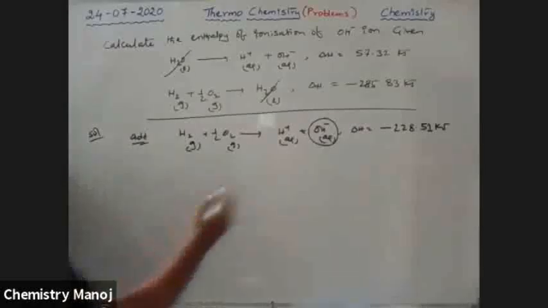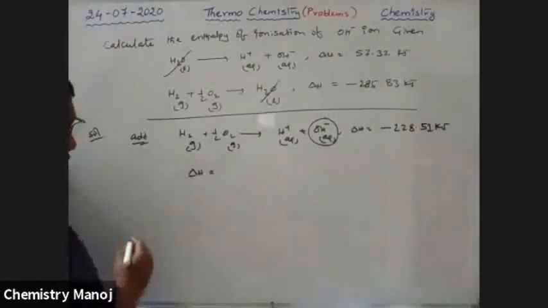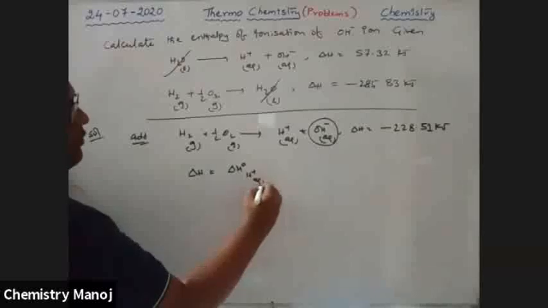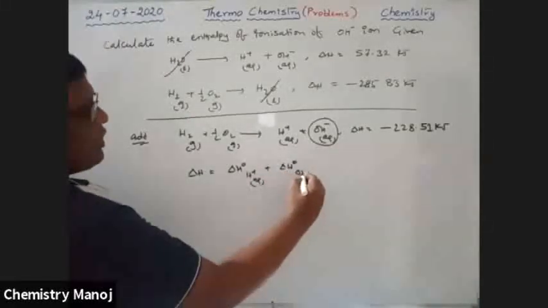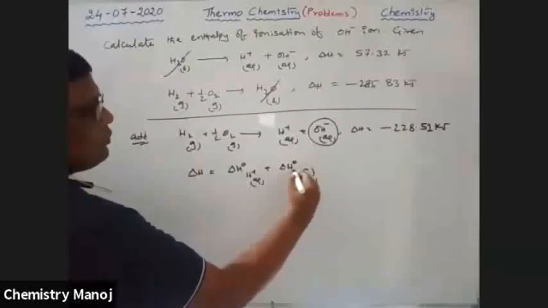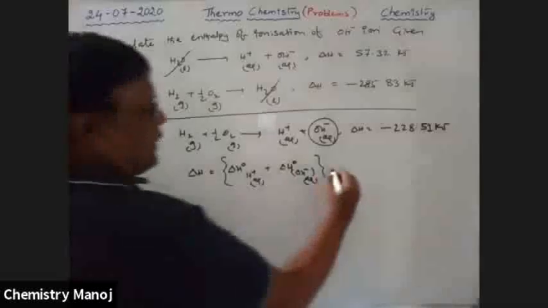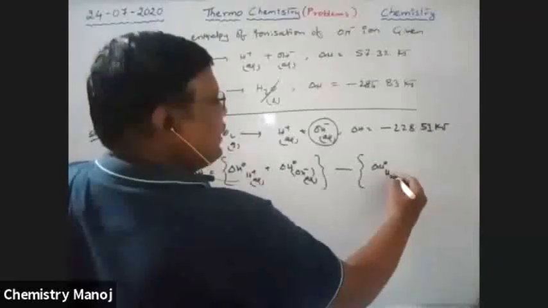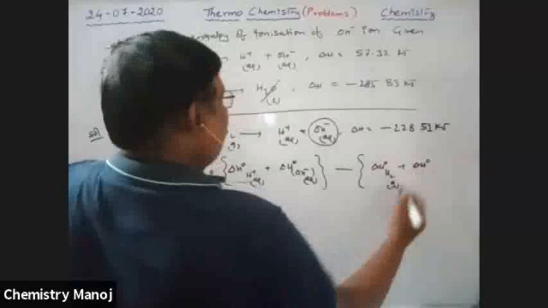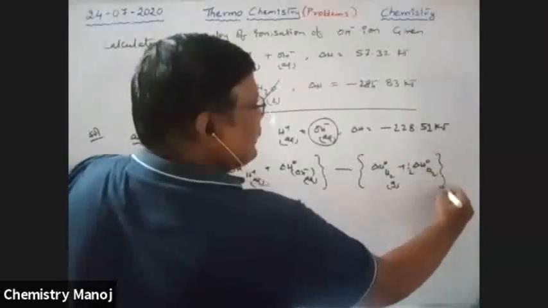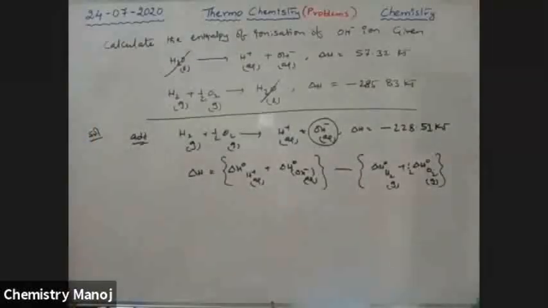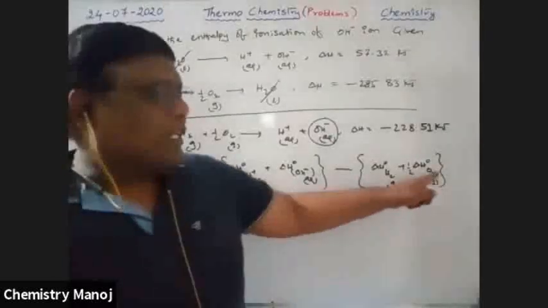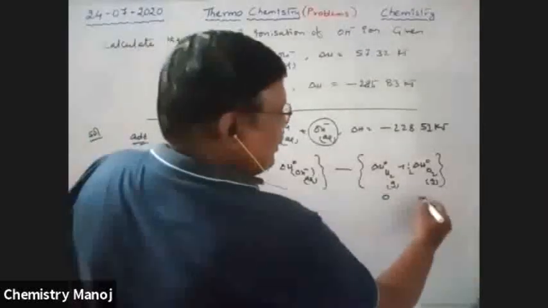Now for this reaction, delta H is equal to products minus reactants: standard enthalpy of formation of H plus aqueous plus standard enthalpy of formation of OH minus aqueous, minus standard enthalpy of formation of H2 gas and of O2 gas. We know the standard enthalpy of formation of H plus is 0, and hydrogen gas and oxygen gas are also 0.